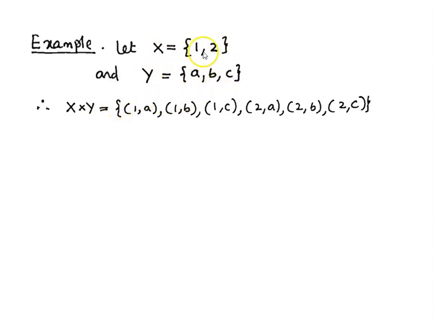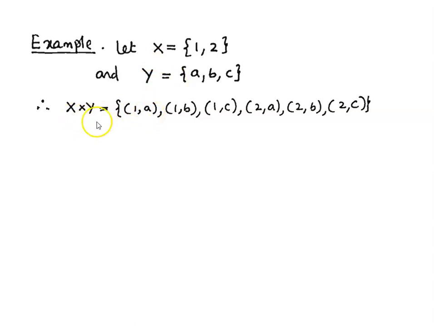Each element of X is paired with each element of Y, and they are represented as ordered pairs. The first element is from X and the second element is from Y.